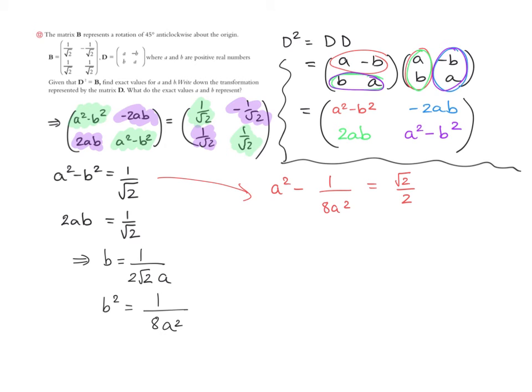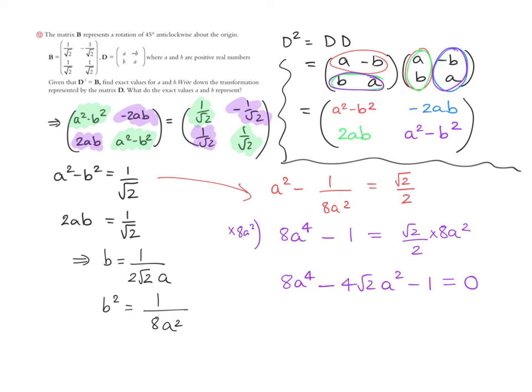Let's multiply through by 8A squared. So that gives me 8A to the power 4 minus 1 equals root 2 over 2 multiplied by 8A squared. So 8A to the power 4 minus 4 root 2 A squared minus 1 equals 0.